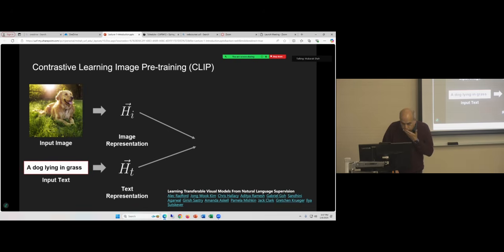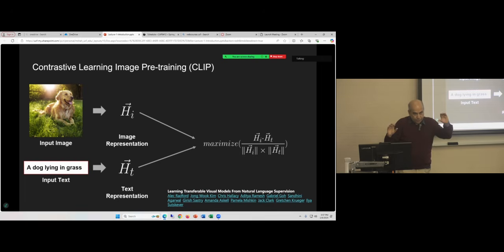So you want to learn the representation so that for this positive pair, the similarity between HI and HT is maximized. We want to map these two representations into the same semantic space.